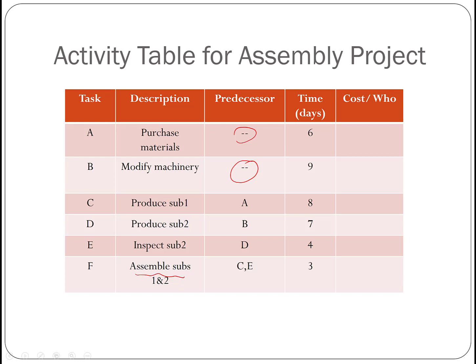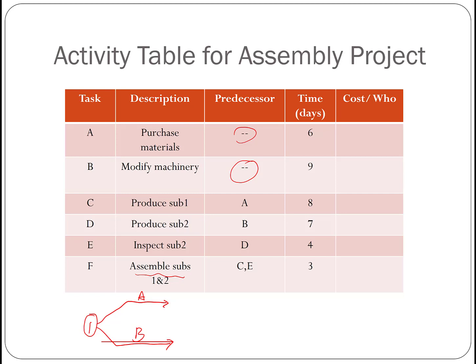Now we'll look at this table and convert it into a network. We can just start the draft here. We're going to start with the start node first, and then we connect those two, A and B, those two activities that do not have predecessors.